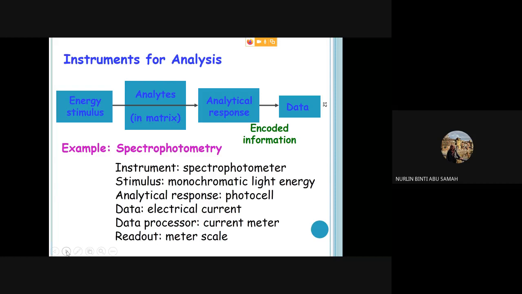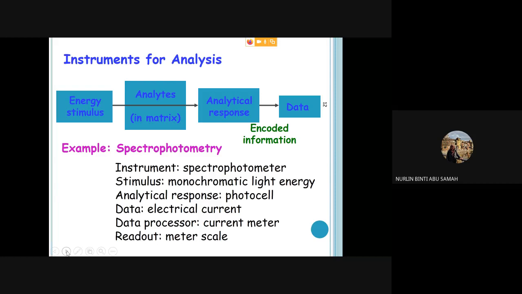Like the UV spectrophotometer, you will get the value of the absorption. So what we can identify here is that the output from the UV-Vis spectrophotometer is what we call a spectrum.